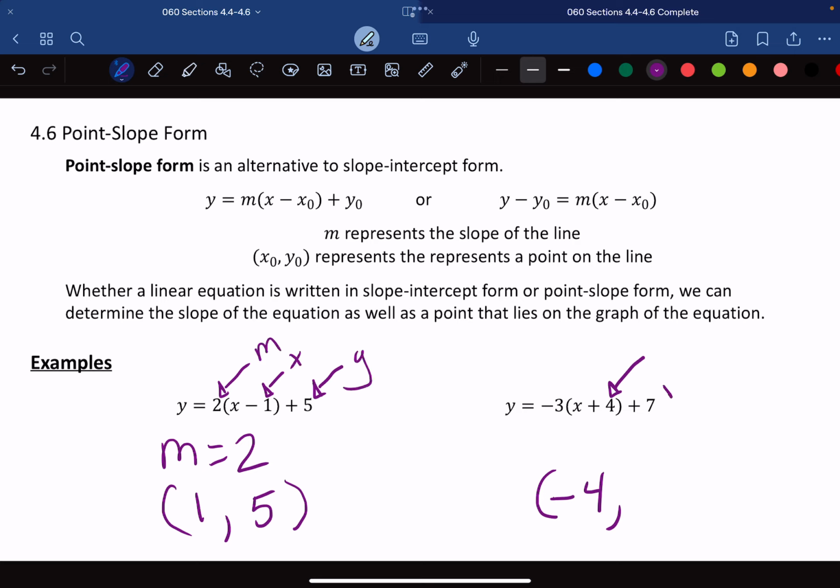And while we're at it, the 7 is our y, and the negative 3 is our m.